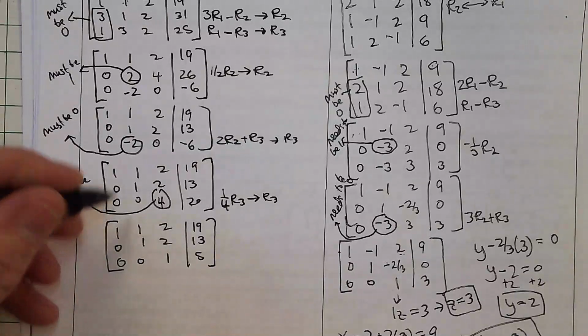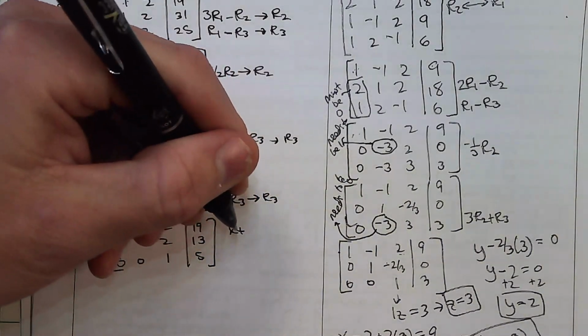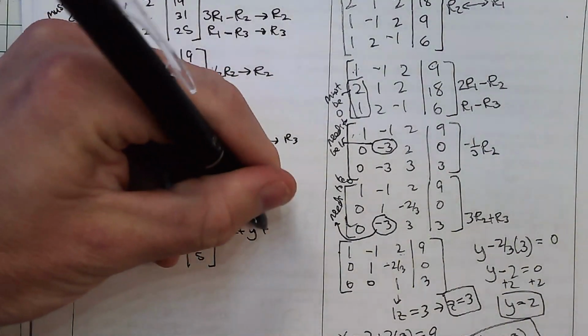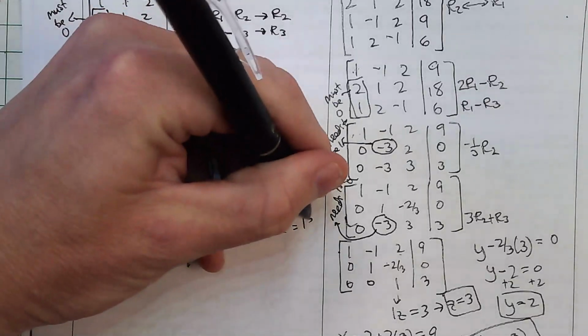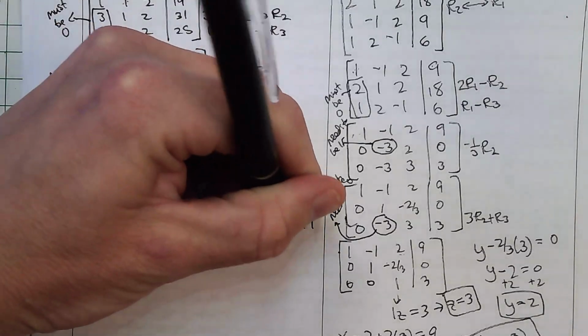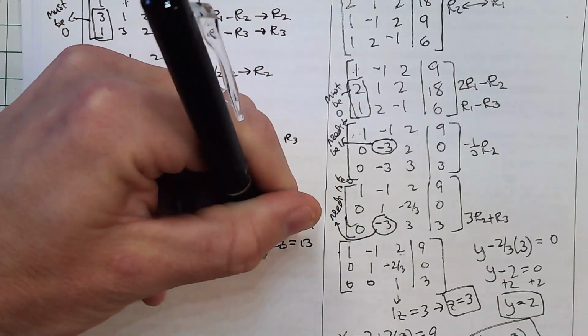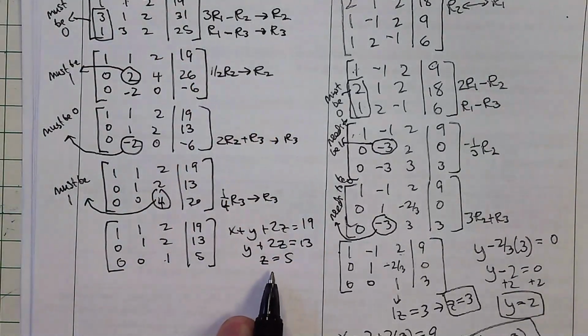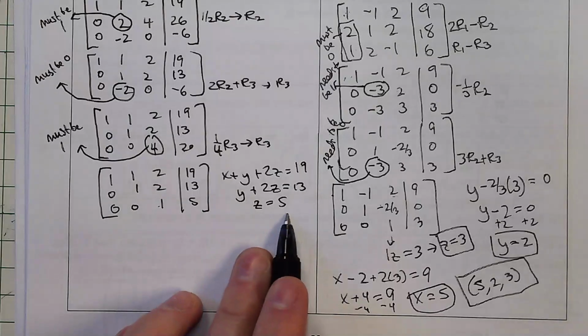One right there means 1x. So x plus y plus 2z equals 19. y plus 2z equals 13. And 1z equals 5 because there's no x, no y. So now z equals 5.